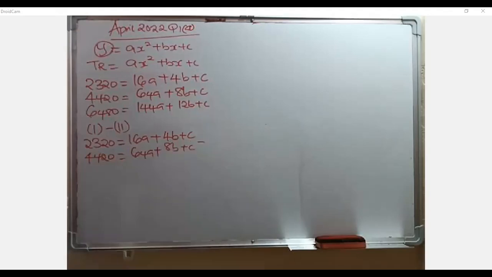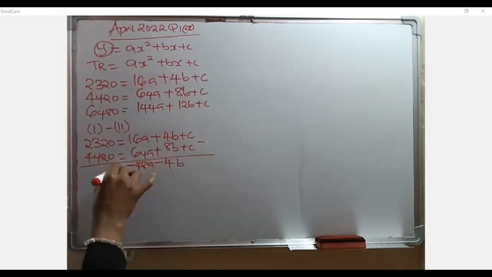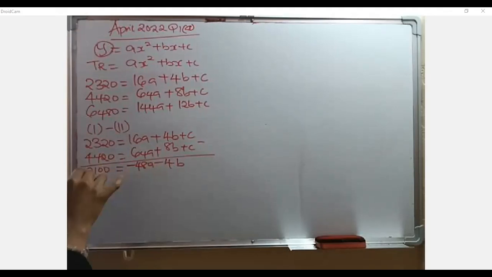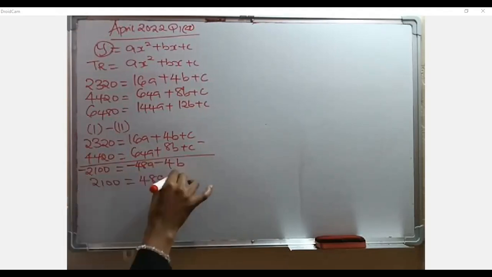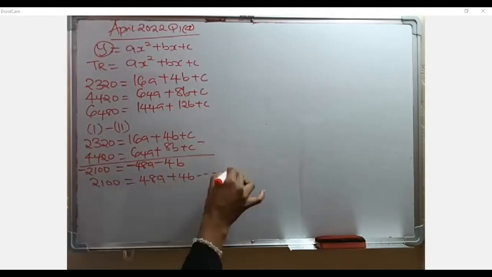Subtract to eliminate one unknown: c goes, and we remain with negative 4b. 16 minus 64 gives negative 48a, and 2320 minus 4420 is negative 2100. Because negative is dominating, you can write 2100 equals 48a plus 4b, and this you call equation 1.